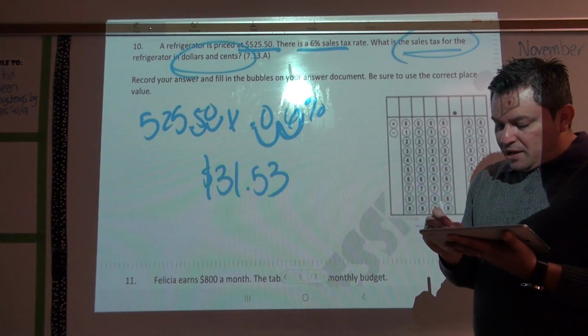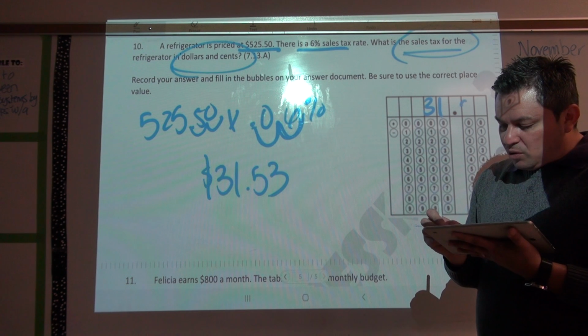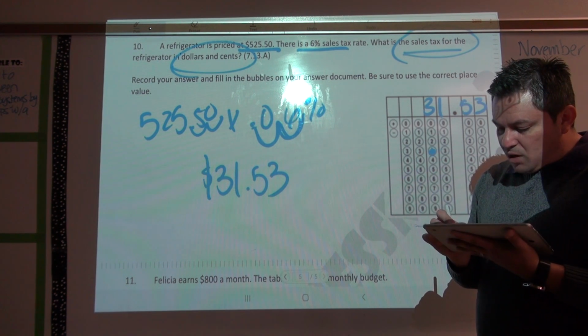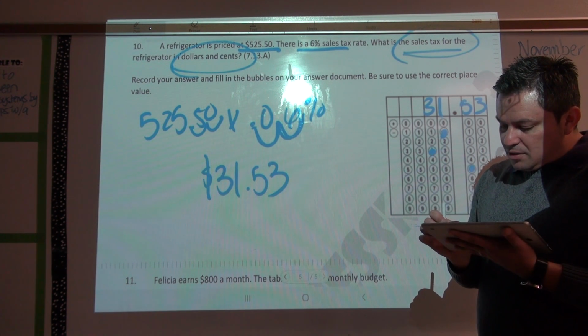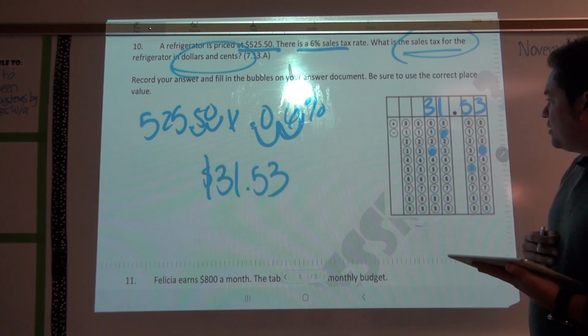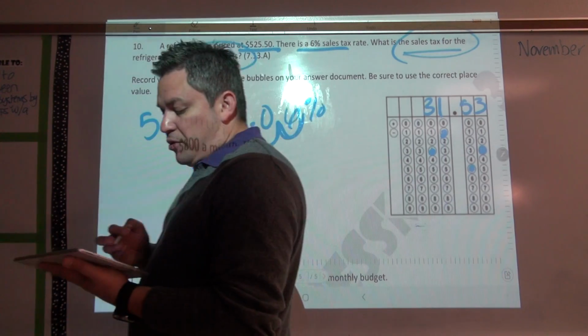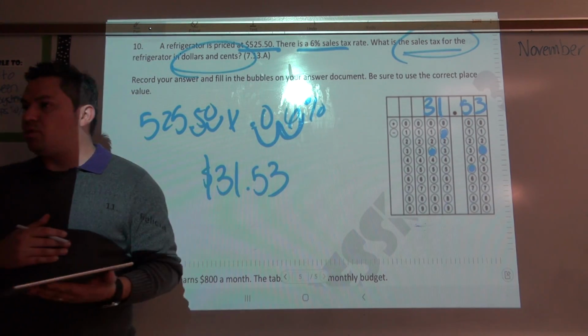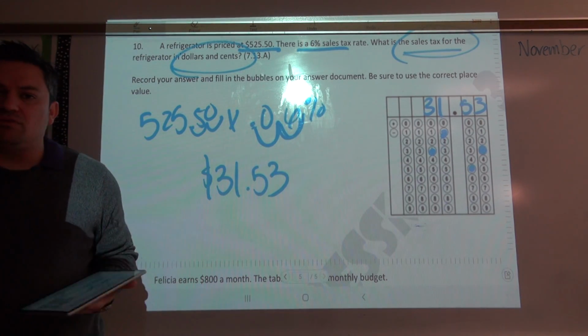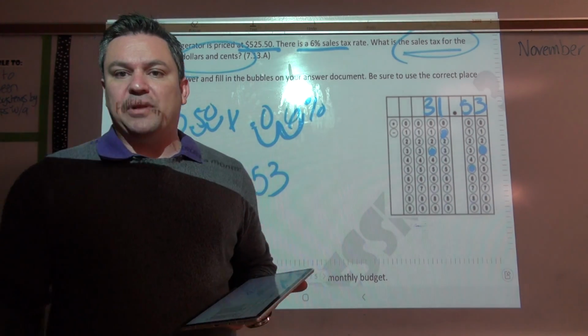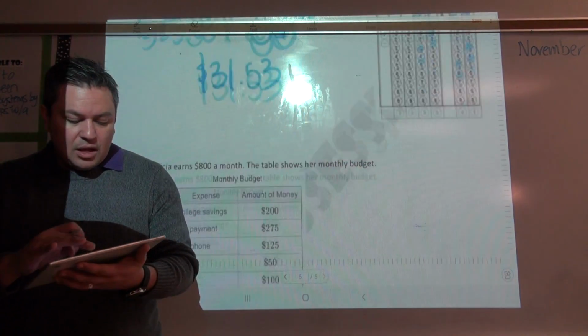And then we just put it right here, $31.53 on the gradable. That's it on that one. That was the answer. Some of you put in 3,153. So you got the multiplication right, but you didn't move the decimal the number of places that you needed to move.